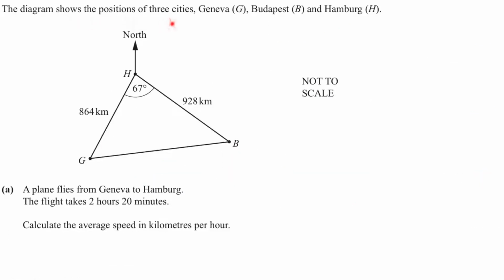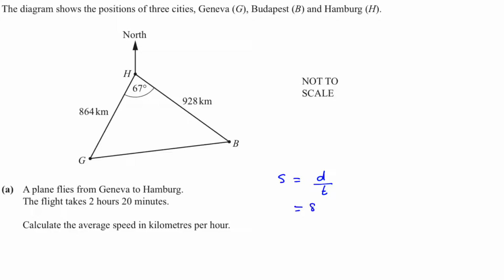The diagram shows the position of 3 cities, Geneva, Budapest, and Hamburg. Part A, a plane flies from Geneva to Hamburg. It takes 2 hours and 20 minutes. Calculate the average speed in kilometers per hour. To find speed, we use the formula: speed is equal to distance over time taken.